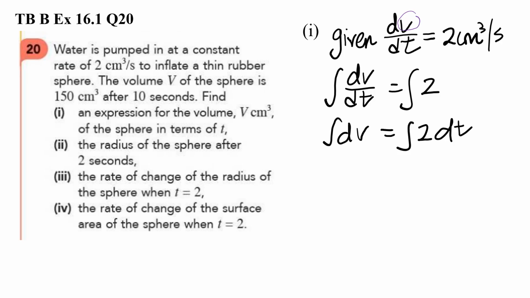The concept that integration is the reverse of differentiation is very important. You must understand the concept. Okay, so how do you end up like that? Integrate 2, you get 2t. So that's what I mean by this being very important.